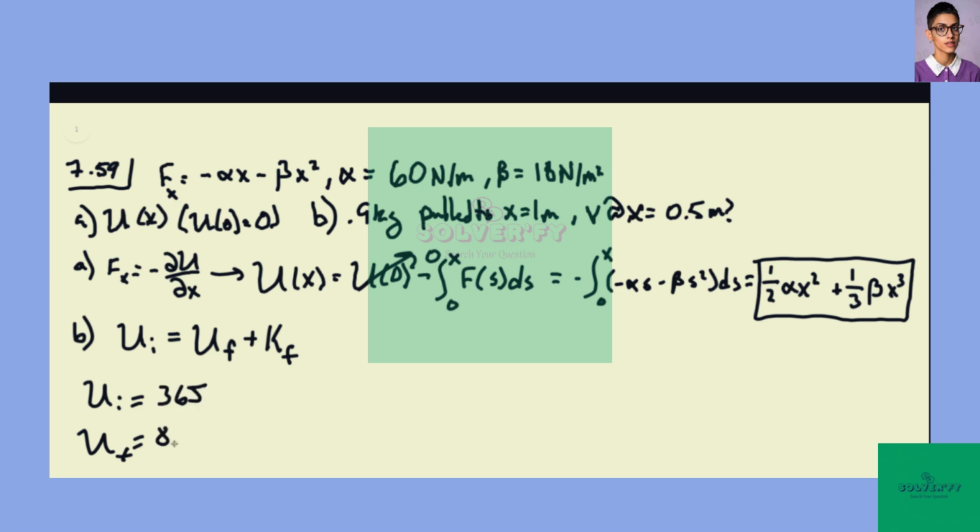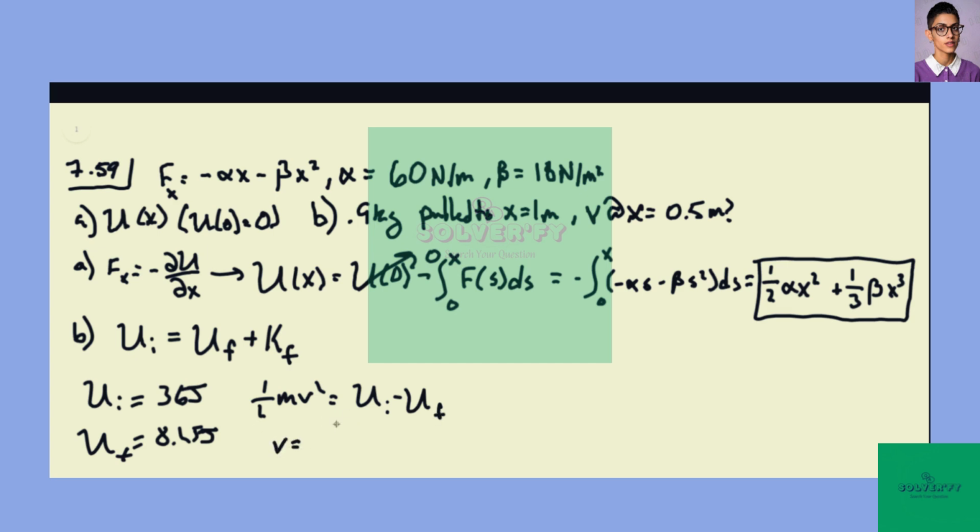This is 8.25 joules. And so we have 1/2 m v squared is equal to U initial minus U final.